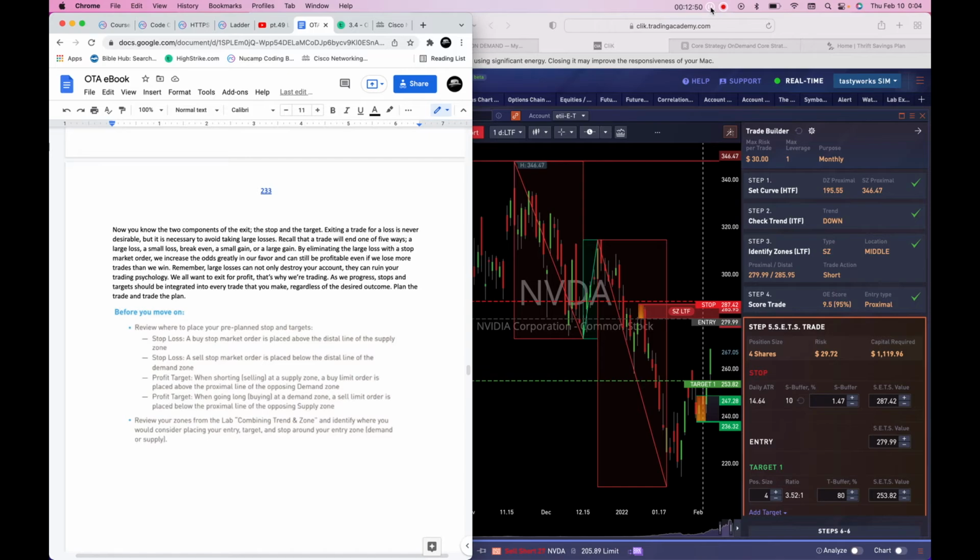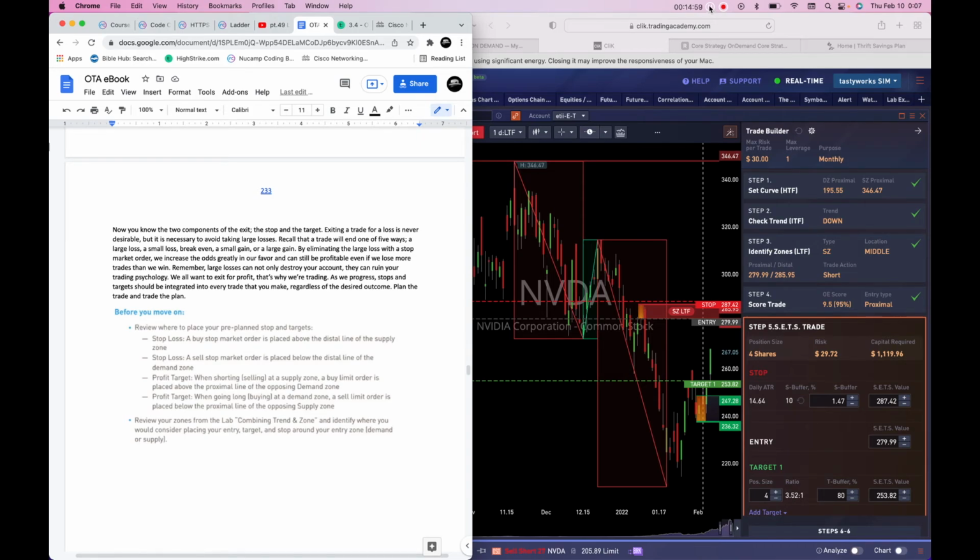By eliminating the large loss with a stop market order, we increase the odds greatly in our favor and can still be profitable even if we lose more trades than we actually win. Remember, large losses can not only destroy your trading account, they can ruin your trading psychology. We all want to exit for a profit. That's why we're trading. But as we progress, stops and targets should be integrated into every trade that you make, regardless of the desired outcome.